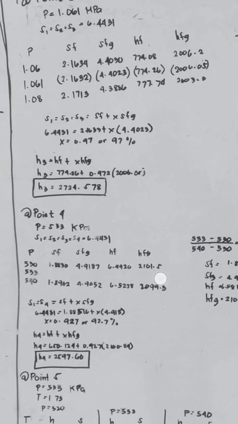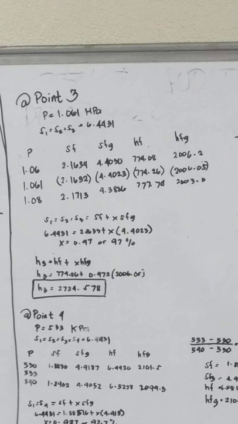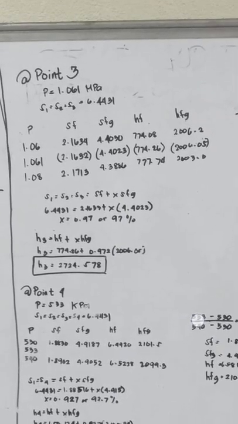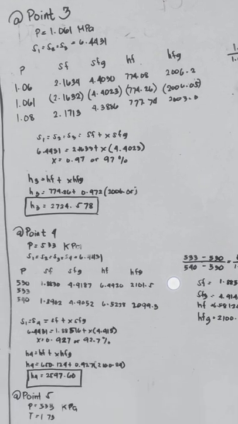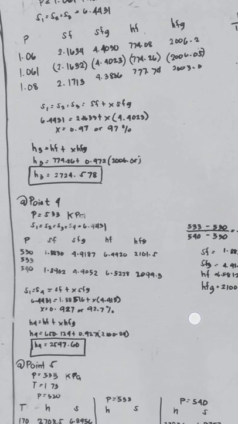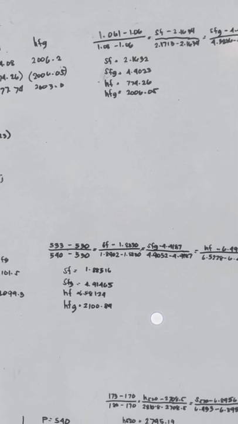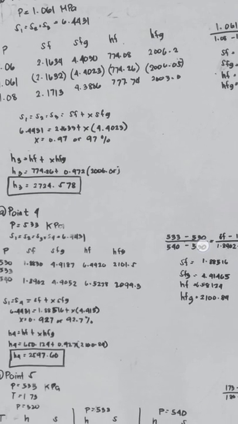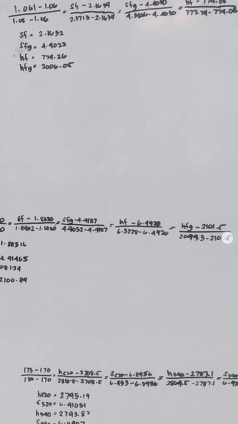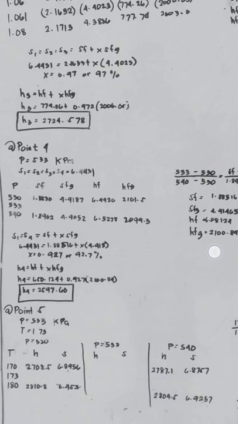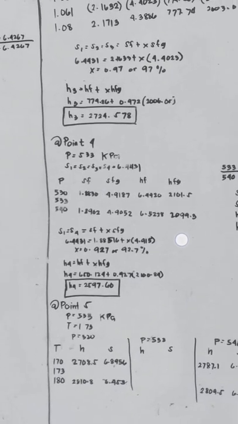This process is the same as at point 3, where we find SF, SFG, HF, and HFG by substituting all the givens from the steam table.